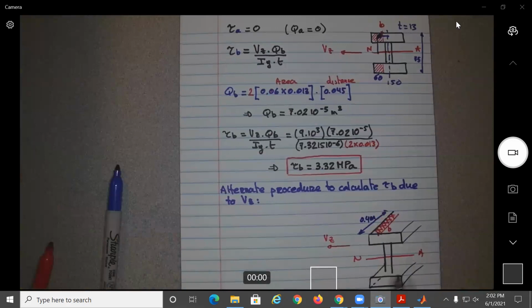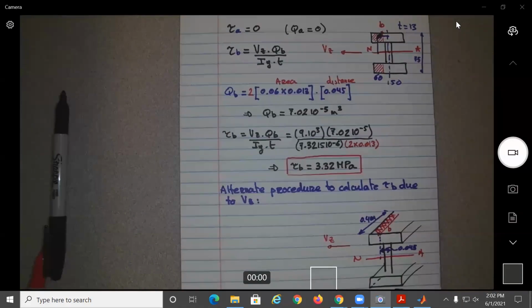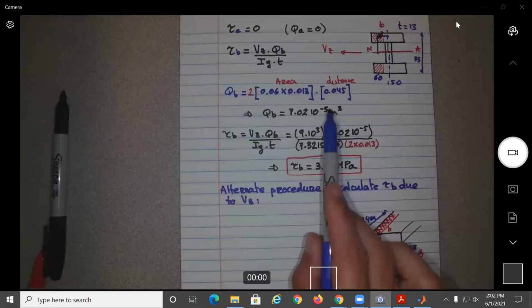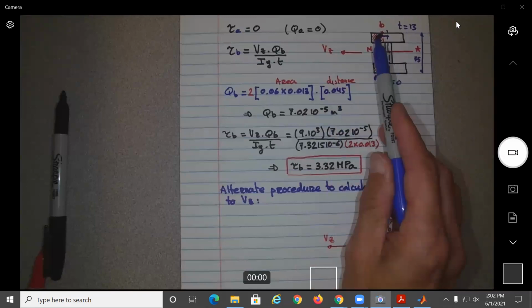All right. And now let me write it down. We calculated that this distance over here, which is the one I didn't do properly before, is 0.045. So basically it was the 150, so sorry, 150, 75 minus 30. Okay, we have 0.045. Is that this one over here? Okay, it's that distance from here to the middle of the cross section.